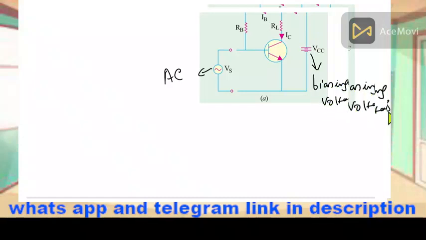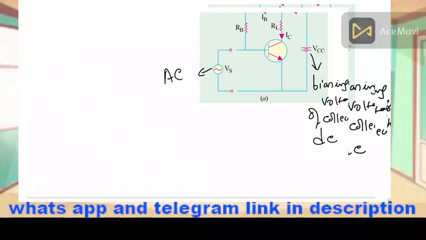Now suppose you are applying an AC signal. This is AC. Now try to understand, observe properly. This is the biasing voltage of collector, and this is DC. So you have a DC here, and you are applying a VS AC voltage. Now what will happen in this case?